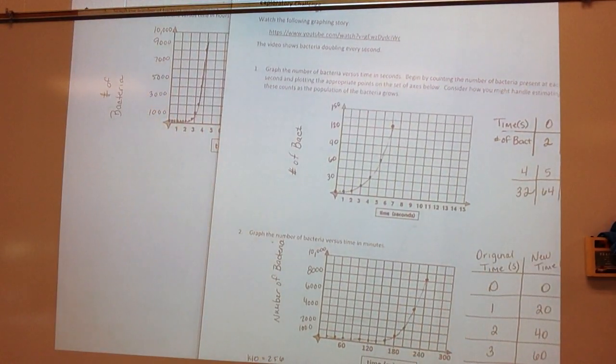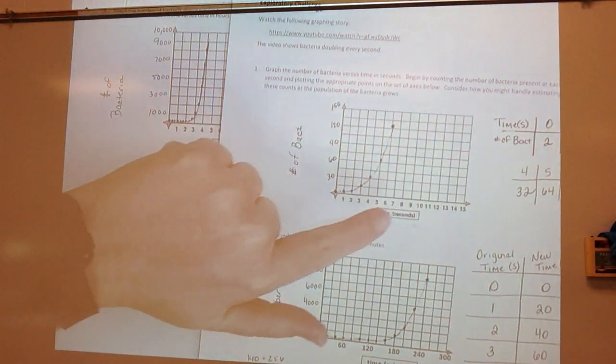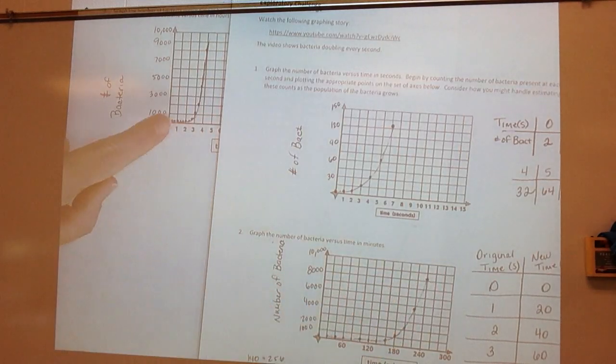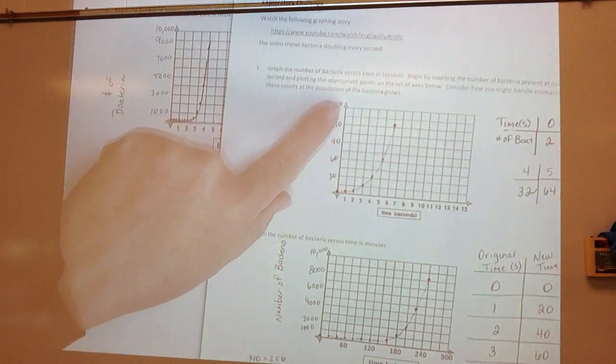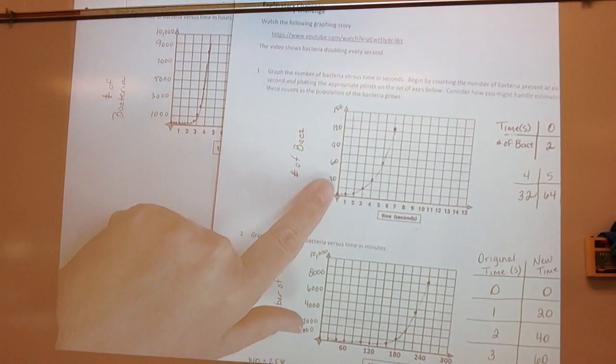If we look at these 3 graphs, they all have the basic same shape. Okay? The basic same shape. They start here and curve up. Start here and curve up. The only thing different is the way my graph is. Like here, I didn't have the same count.